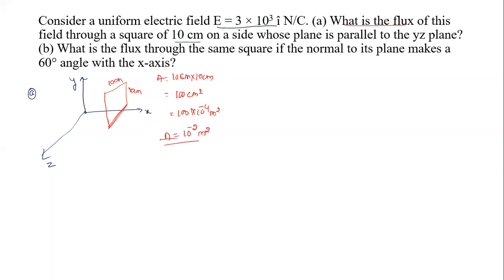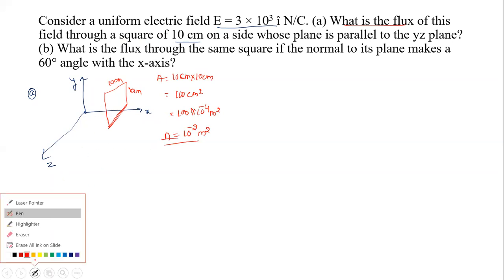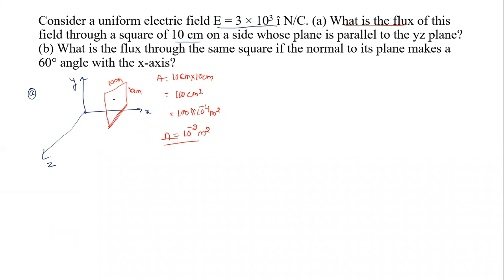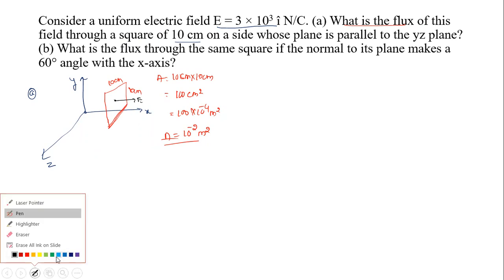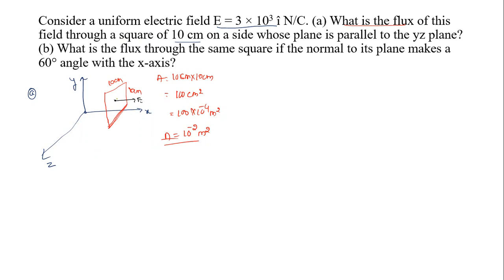That is the area. Now, what is the direction of electric field? Direction of electric field is like this. In the diagram, it is along x-axis. And what is the direction of area vector? We should always take area vector, right? Direction of area vector is also along the same direction. So angle between them, how much? Theta equal to 0 degree. So I need to find electric flux.